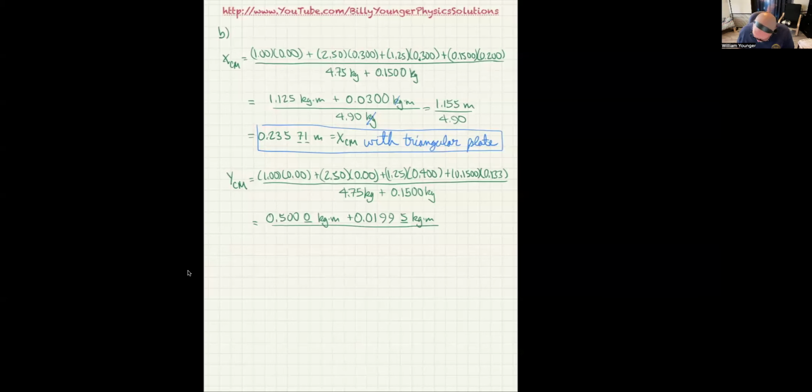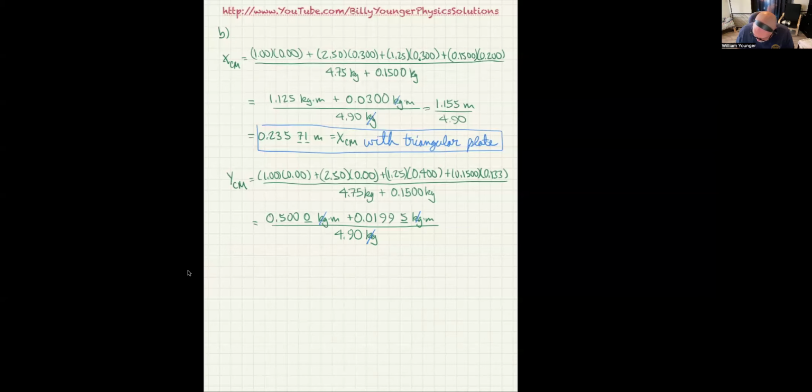And then the 4.75 plus 0.15 should give me 4.90 kilograms. Again, the kilograms cancel out with the kilograms here and here, and I'm just left with 0.5 plus 0.01995. And again, that gives me to the third decimal place because we're only good to the third decimal place.